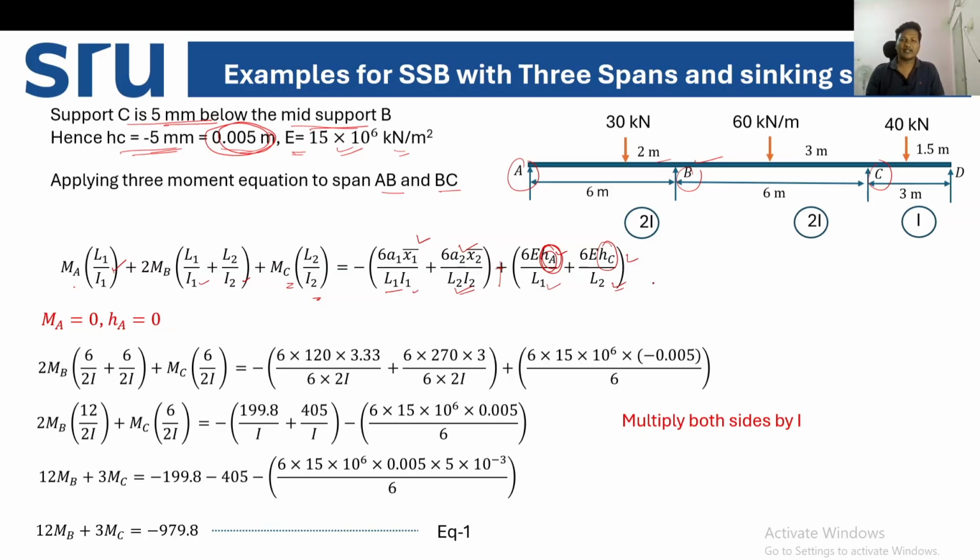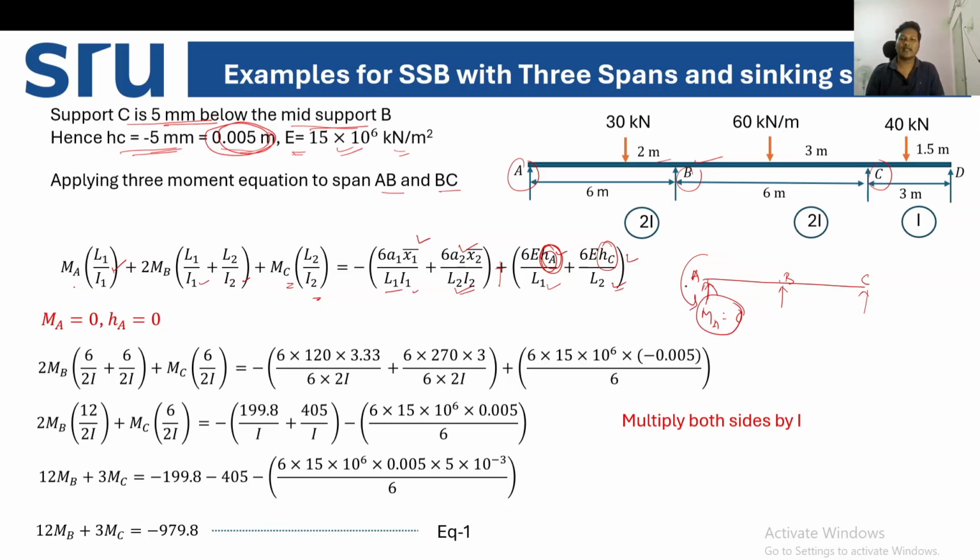Again I'm drawing it here, span A, B, C. Here A is the end support, simply supported, so the moment at A will be zero.